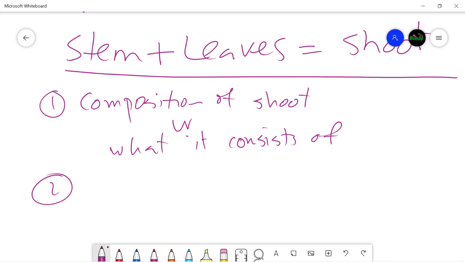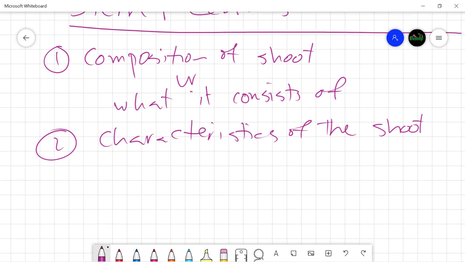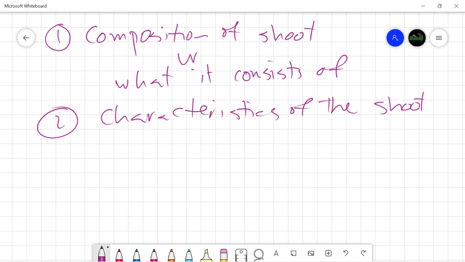And second, the characteristics of the shoot. So it will give us an idea what we are talking about, and it will in a way clarify the discussion regarding the stem and the shoot. So first of all, let's see what a shoot consists of.